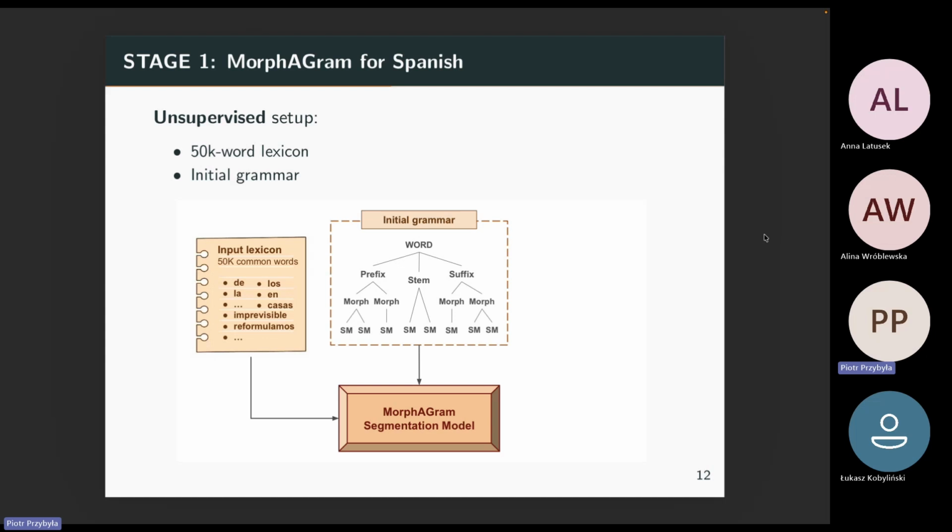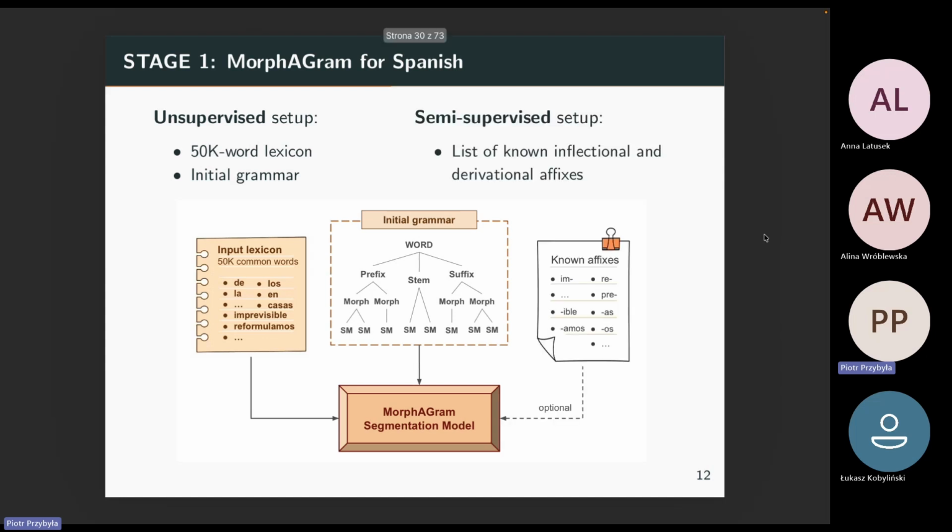And the way it works is you give it an input lexicon, which is, we gave it 50,000 of the most common words in Spanish, and then it tries to fit these two things, which is never going to be perfect, but it's better than nothing since we don't have training data for a morphology splitter. And also the nice thing about the setup is that you can extend it by adding things that you do know.